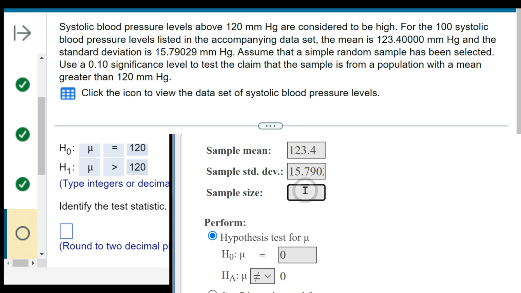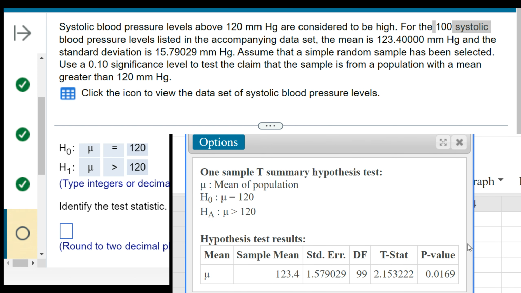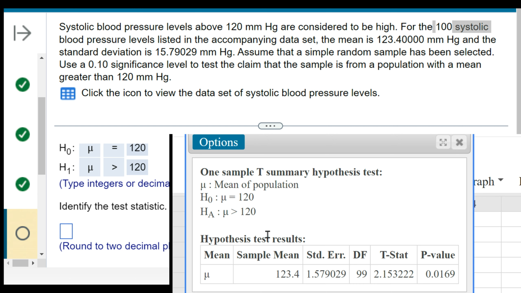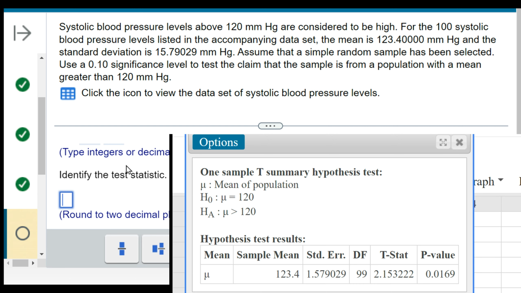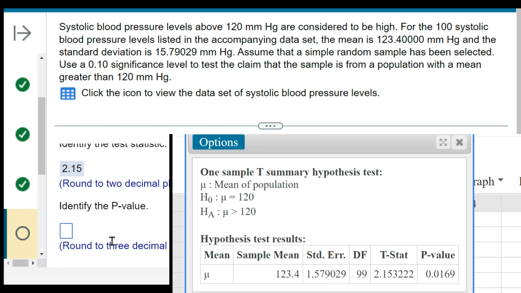And the sample size, well, they said that it was 100 blood pressures. I'm checking to see if that mean is equal to 120 or greater than 120. Compute. Test statistic, p-value. Identify the test statistic to 2 decimal places. It is 2.15. Good job. Identify the p-value, 0.017.